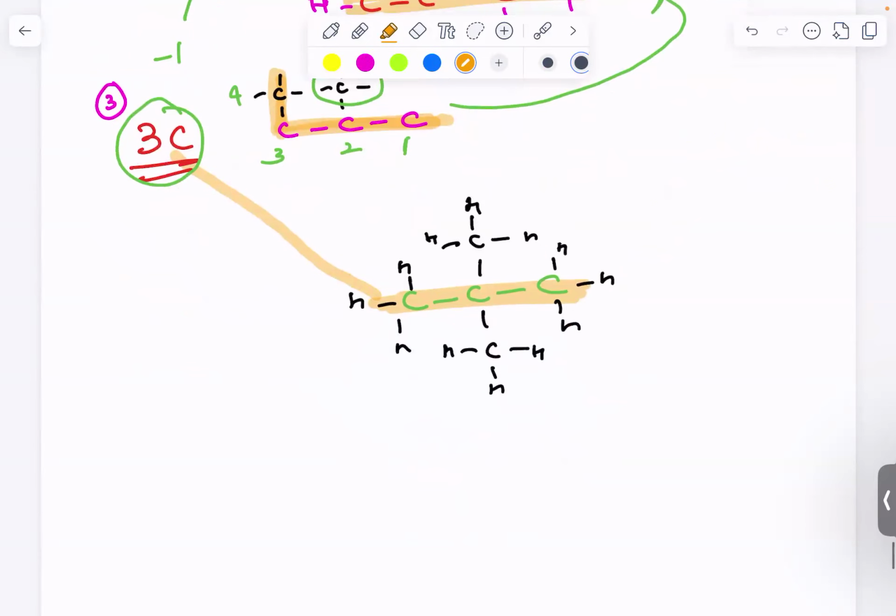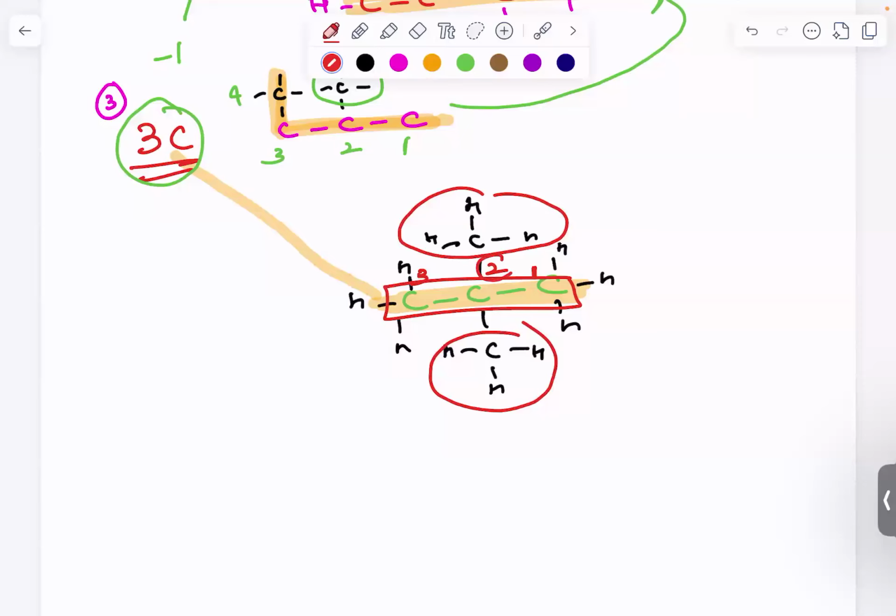So now you will start the numbering from any side, because from wherever you number the carbon atoms, two methyl groups would be on the second carbon atom. So the name would be 2,2-dimethyl, and the main chain is of three carbon atoms. So I will write what? Propane.